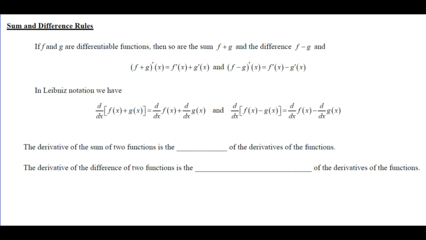If f and g and h and i are differentiable functions, then so are the sum, f plus g, and the difference, f minus g. Now you did this notation last year, or last semester, or in 30-4. It used to be a 20 subject. So f plus g prime of x, we add the two together, is simply the sum of the derivatives.